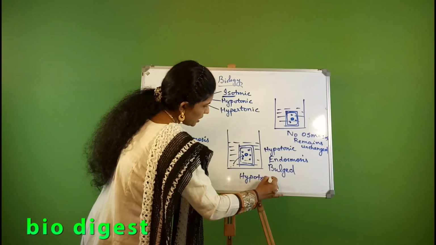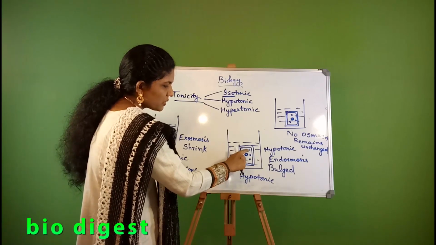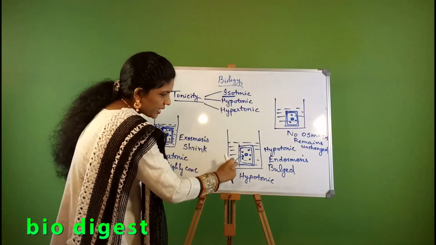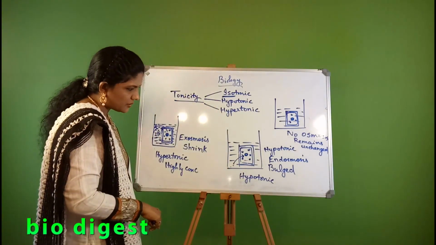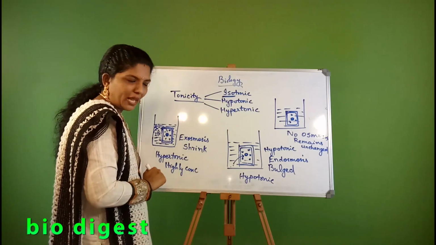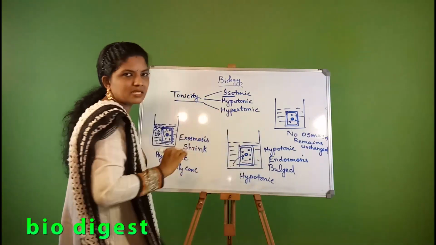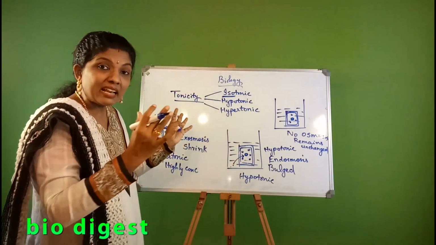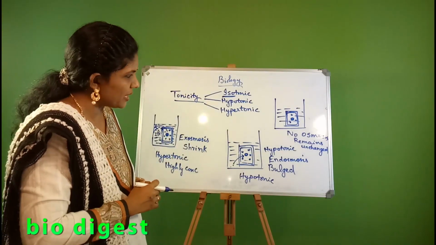Hypotonic solution means the solution has more solute concentration within the cell than outside. Outside, the solution has very little solute. In that case, water will move from outside into the cell, as a result of which the cell will get enlarged. That means endosmosis is taking place.